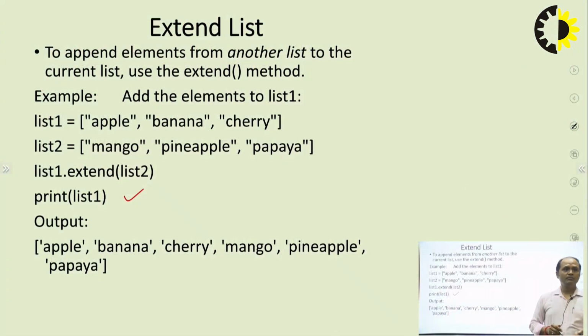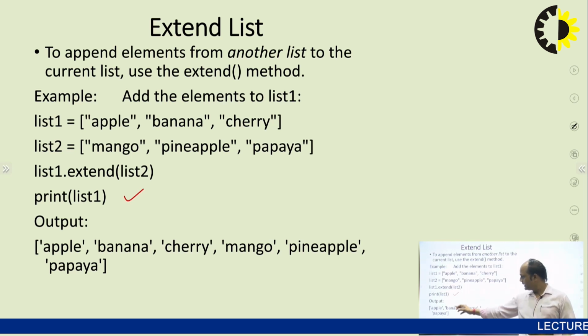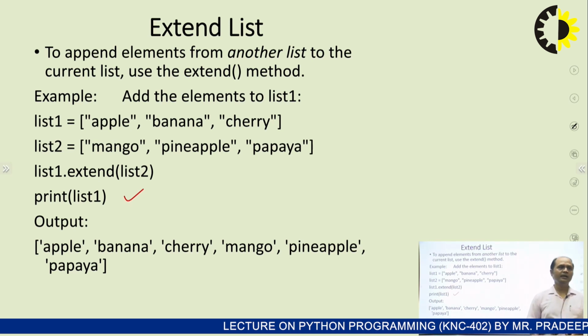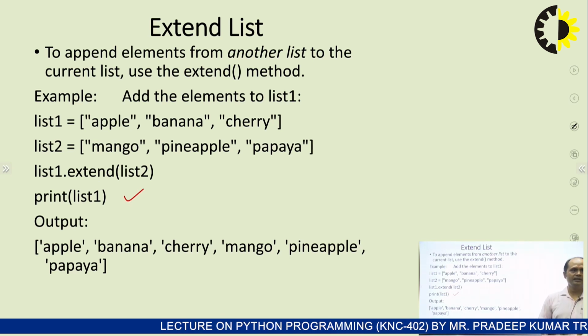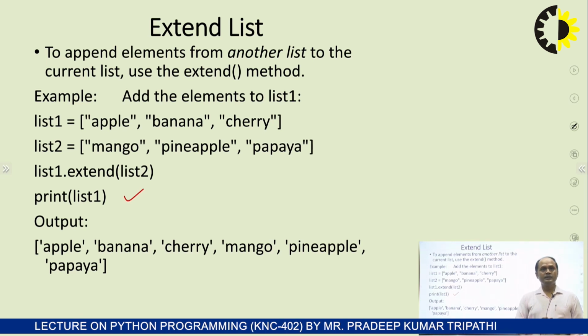What is the output? We merge both lists: apple, banana and cherry, and mango, pineapple and papaya are all added to the list. So when we add from one list to another list, we use the extend method. We can add two lists.